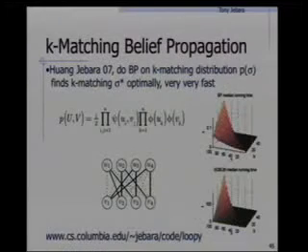And in 2007, Bert Huang and I proposed solving this problem with belief propagation, which is a very popular tool in graphical models and in statistical inference. The basic idea is to set this up as a probability distribution on all possible solutions, all possible K matchings. And we're going to try to find the maximum likelihood solution, the sigma star matching.